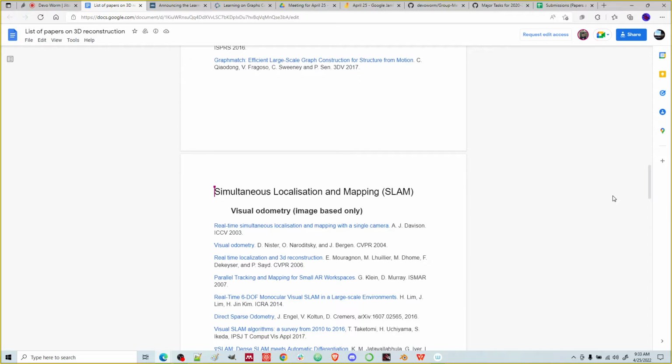So does SLAM require dynamic data, or can it be used on something that's static? I've seen SLAM techniques being used where the data is static, in the sense that you'll have a scene imaged from different angles from which you've taken the picture.